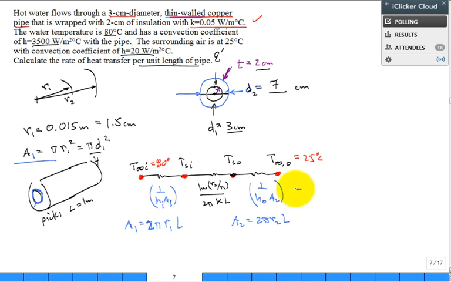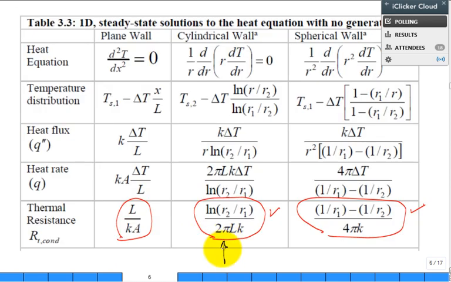You get this R equivalent by summing those 3 resistors. And then to calculate Q, it would be delta T, T infinity on the inside minus T infinity on the outside, divided by that R equivalent. For the middle resistor, that middle resistor is this equation right here. This is through a cylindrical wall, one-dimensional steady-state heat loss.